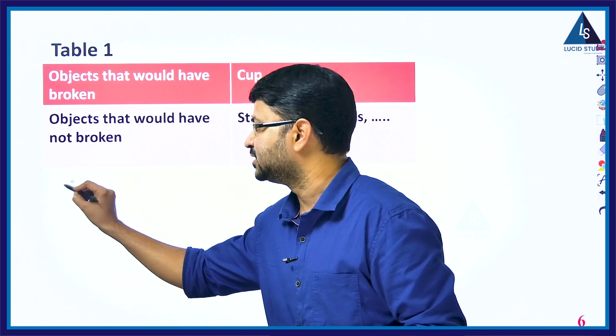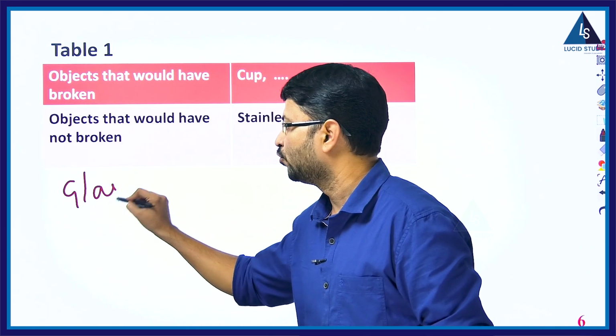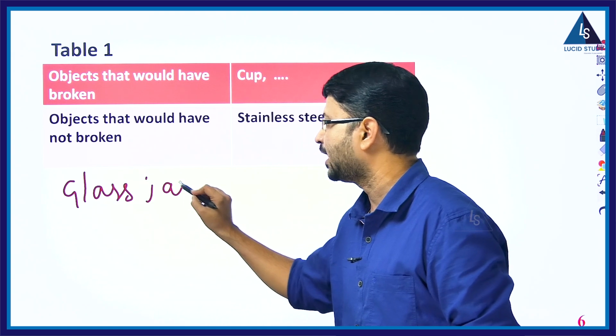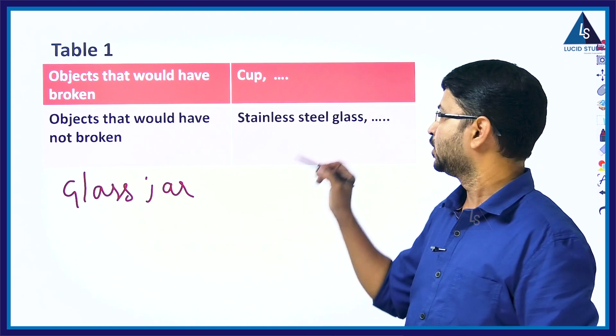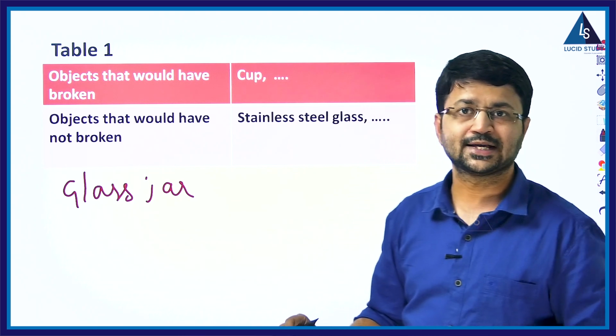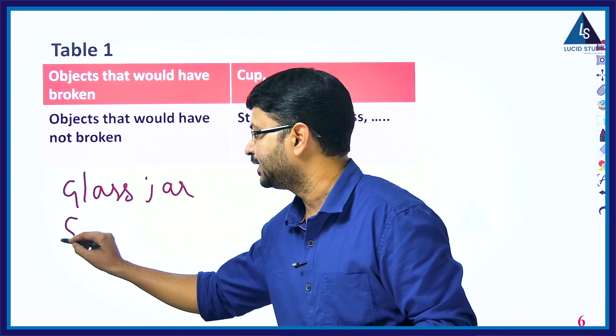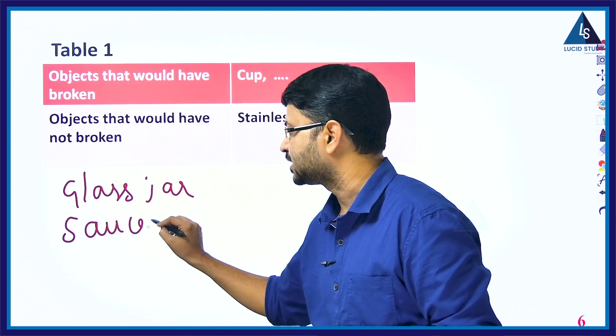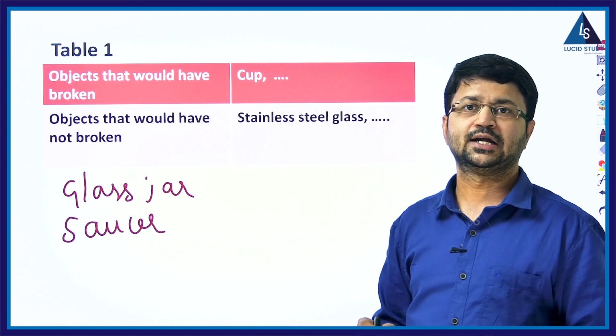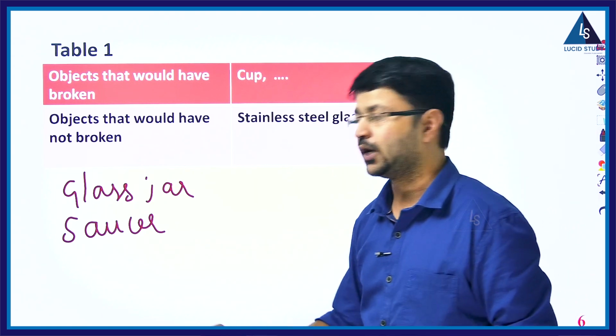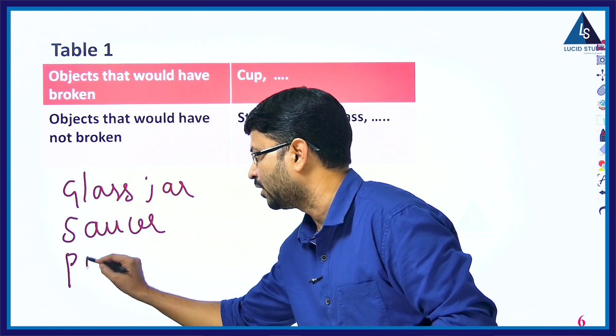Glass jar, is it clear? So we can write glass jar as an example. Here they have written cup as one example. So we can write saucer, glass jar and pickle bottles, which are made up of ceramic.